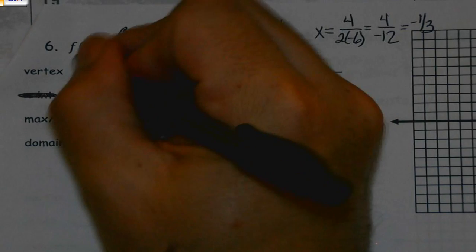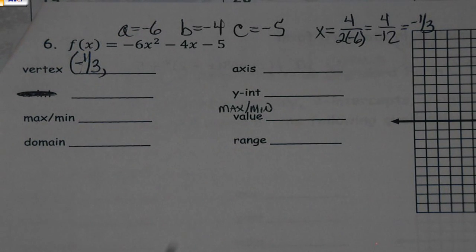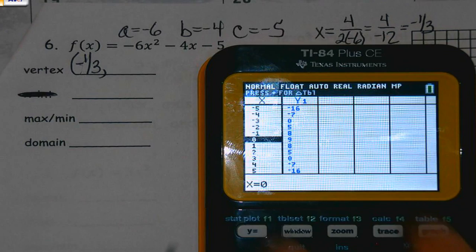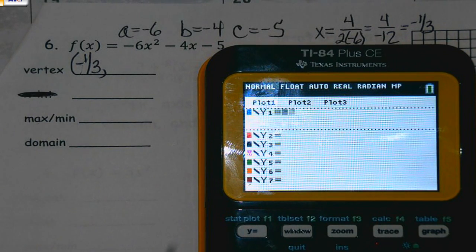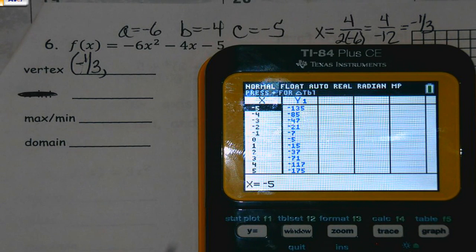Now, that's going to cause a little bit of an issue. Because if we wanted to pull out the calculator and say, okay, I don't want to deal with this fractional stuff, so I'm just going to type it in here and go to the chart. Well, problem.